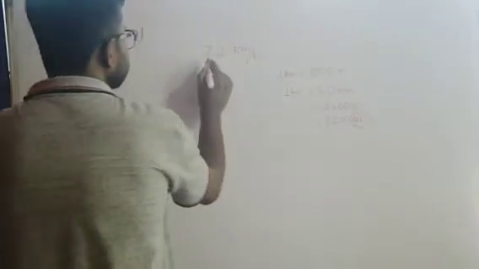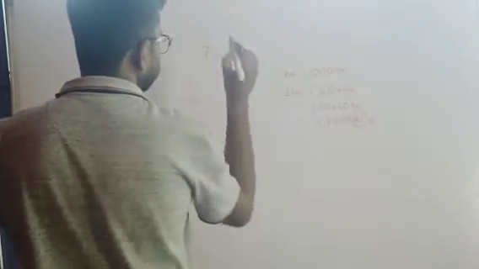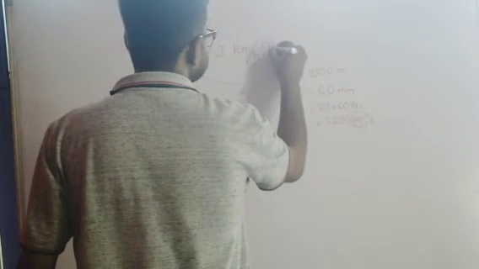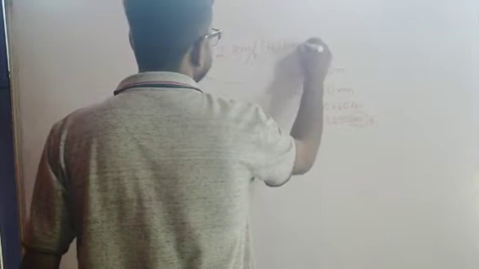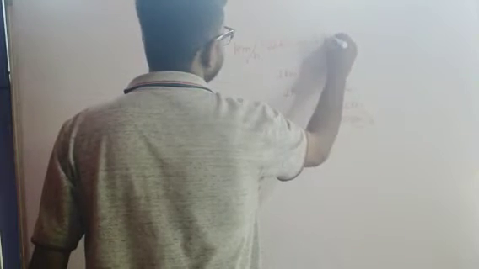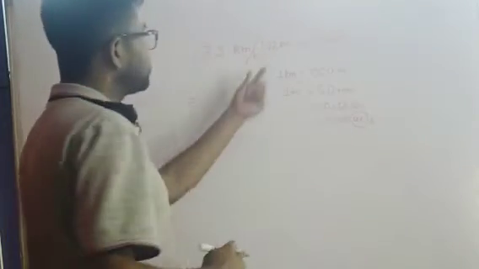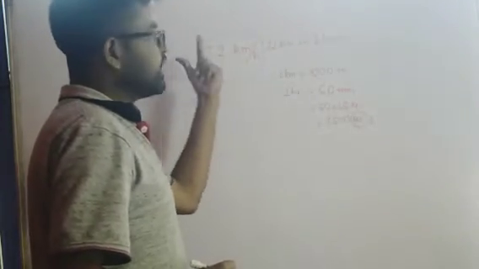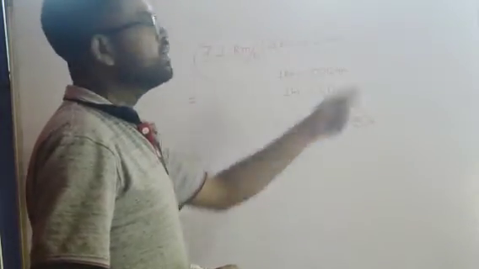Now see here, 72 km per hour. This means the object has traveled 72 km in 1 hour.